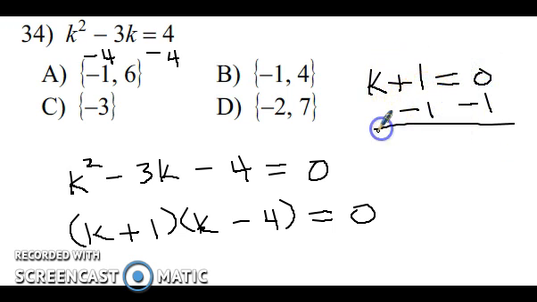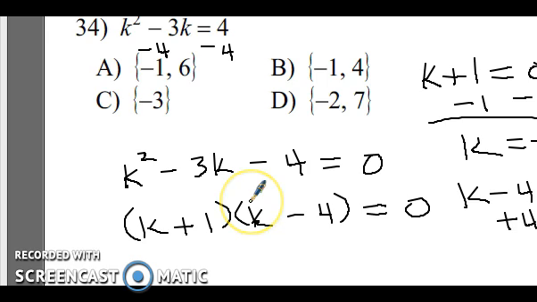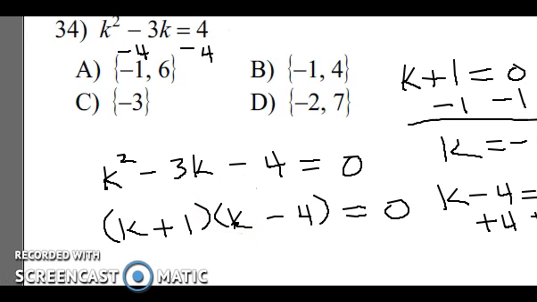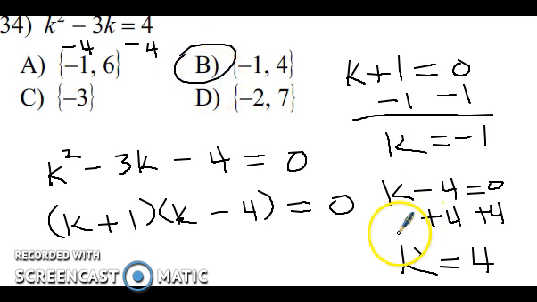We subtract 1 from both sides. We get k equals minus 1. And k minus 4 equals 0. We're going to add 4 to both sides. And we end up with k equals 4, which means that our answer is B.